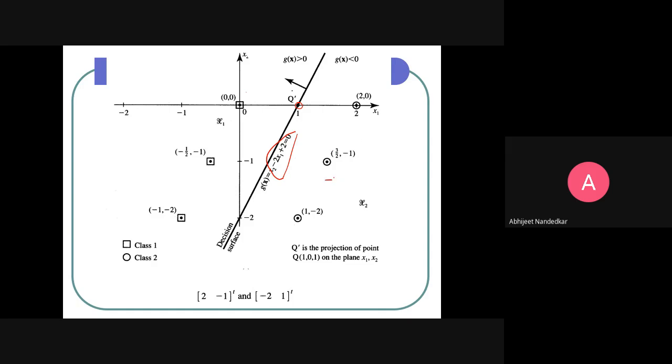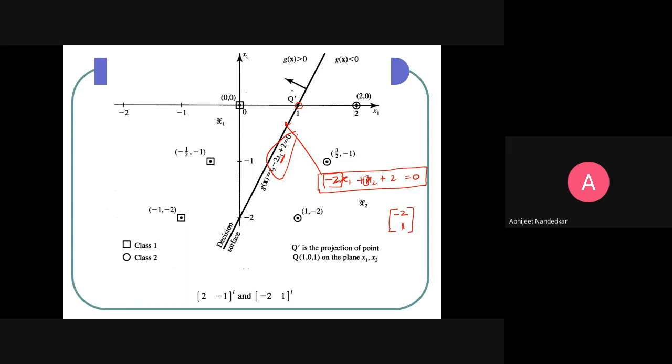This is minus 2x1 plus x2 plus 2 equal to 0. So this is my line here. Now if you take the coefficients of the variables, this one is minus 2, and here it is 1. So this is minus 2 and 1.